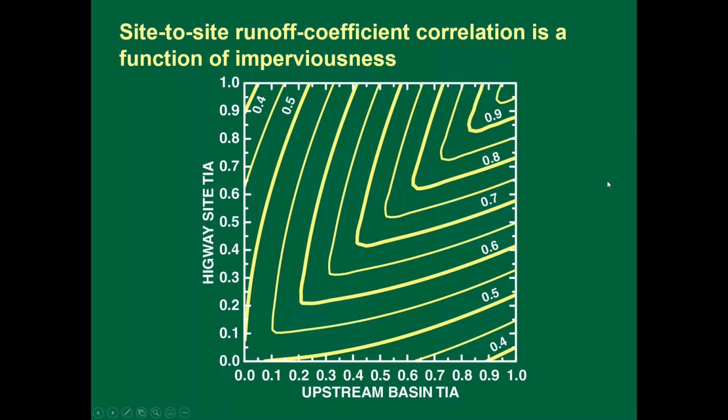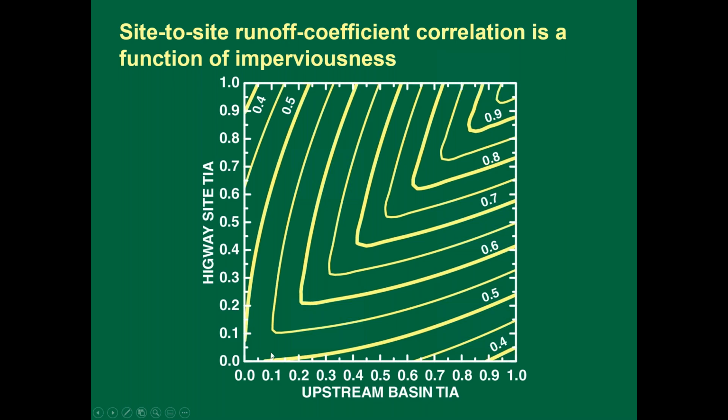As the upstream basin goes from 100% impervious down to 0, you get less and less correlation, until with a 0% impervious upstream basin you get a correlation of about 0.375 between the runoff coefficients. Similarly, if you have a highway site with an imperviousness of 0 and an upstream basin of 100%, you get that 0.375.